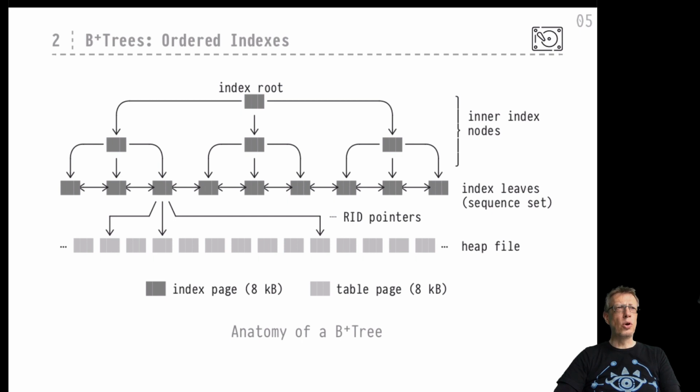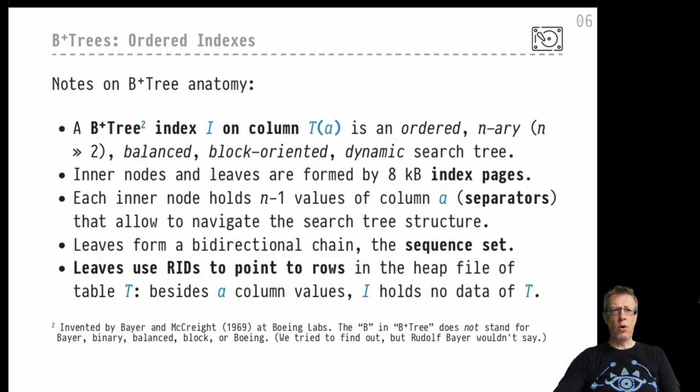A few more notes about the anatomy of B+Trees. Such a B+Tree index, and we will call it I from now on, is built on a table T. It's also important to note the column over which we've erected the index structure. T may have many columns, but this index I is designed particularly to support accesses to column A. Such a B+Tree is an ordered tree, and we will see that order inside the tree plays a very important role.